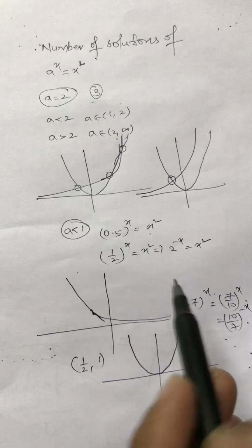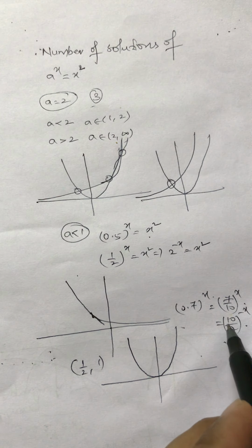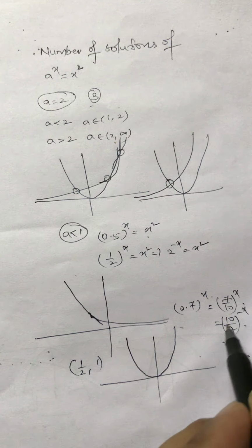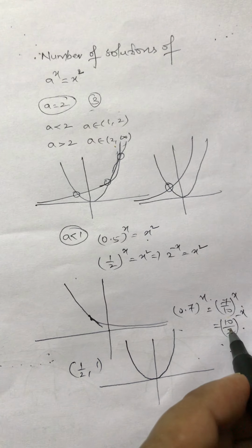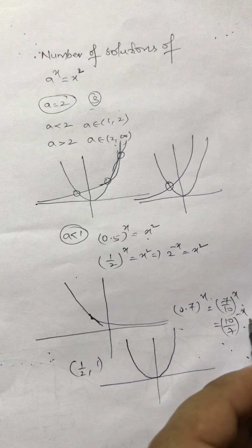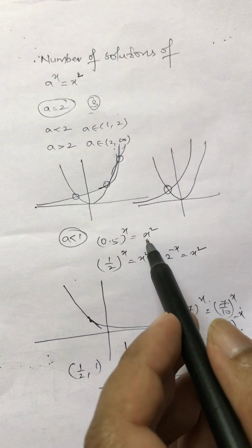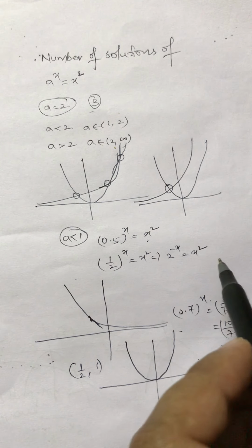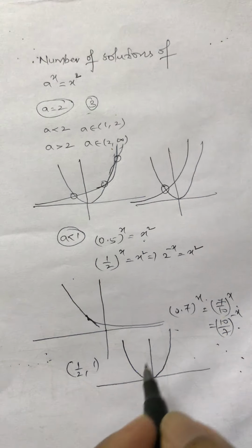Again x equal to minus 5: 10 by 7 whole power 5, so this value goes up higher, because 10 power 5 by 7 power 5 gives a value, and x square at minus 5 is 25. So again we'll get 3 solutions.